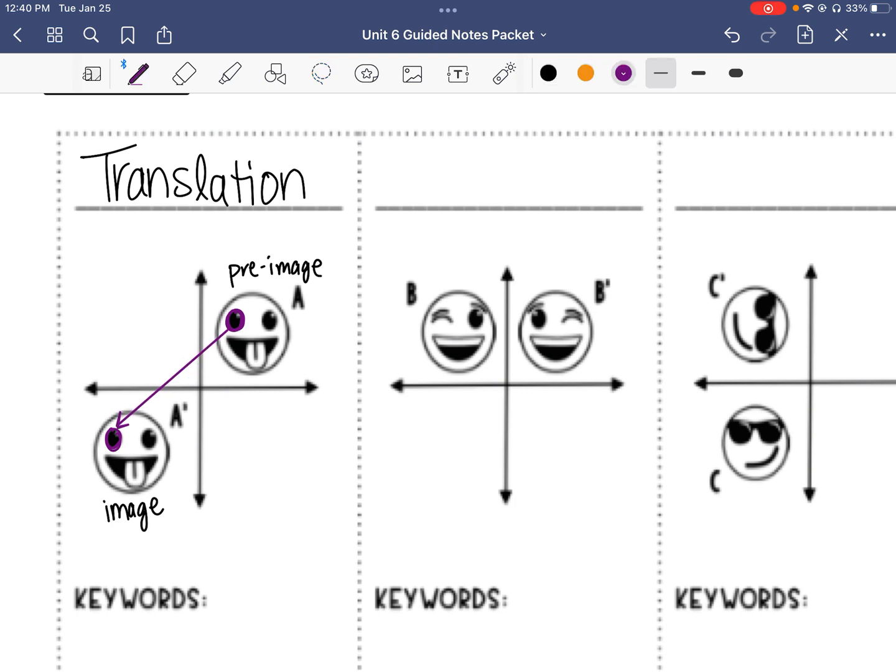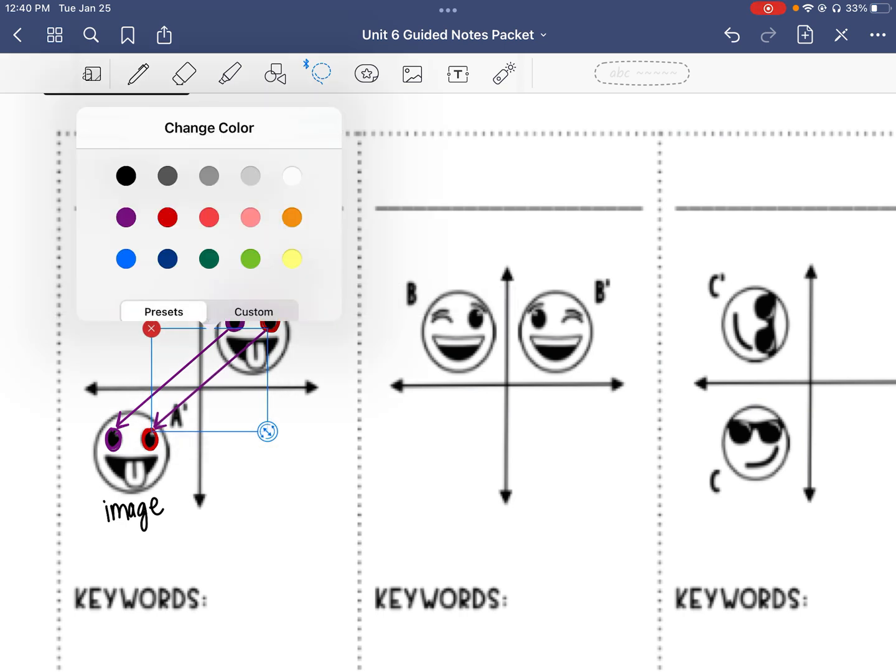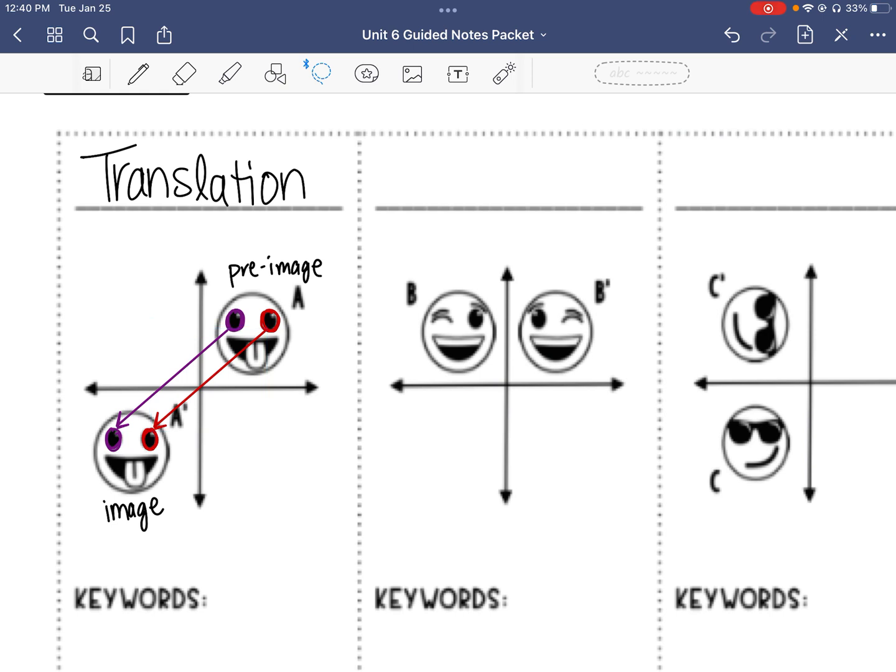We can also look at a different point, for example, the right eye, and it moves down here. And you'll notice I'm actually going to copy and paste this arrow. And the reason I can do that is in a translation, it's going to move the same distance and direction. So this one should be an identical arrow to get it there. They should be the same length. Okay.